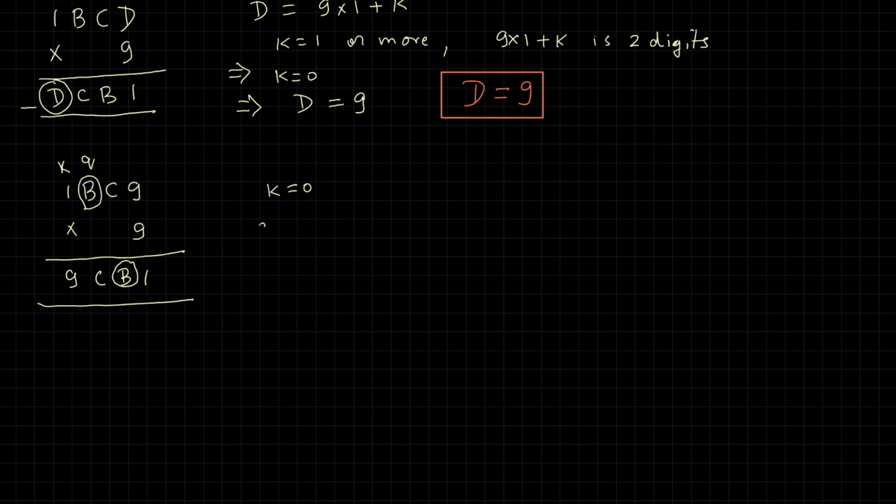So C is resulting from 9 times B plus Q, which is a carry in. As we already saw, this operation is not leading to any carry out. K is a 0. So let's see what values of B will lead to a carry out of 0. Could be 9 times 1, B is a 1, or 9 times 0.